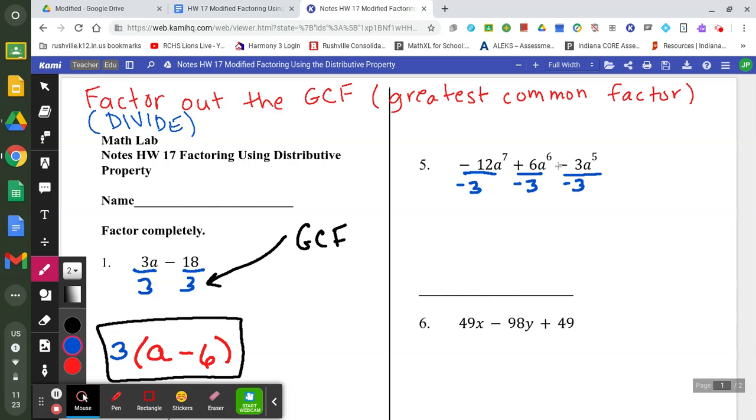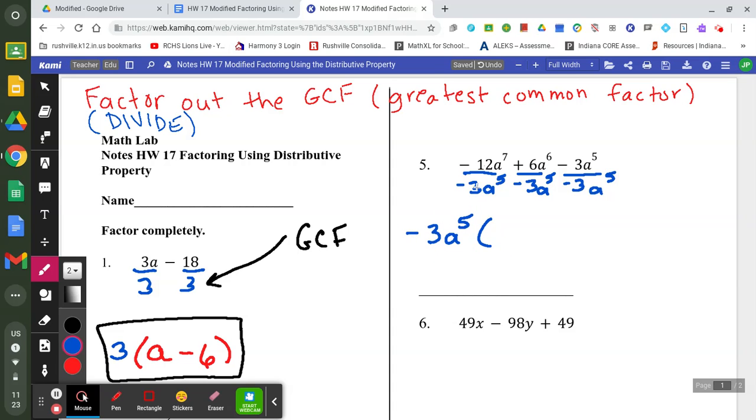So you can always try the smallest number and see if maybe that smallest number will divide evenly out of each of these. Then I have a to the 7th, a to the 6th, a to the 5th. I have to use the smallest exponent up there, so a to the 5th. So my greatest common factor is negative 3a to the 5th.